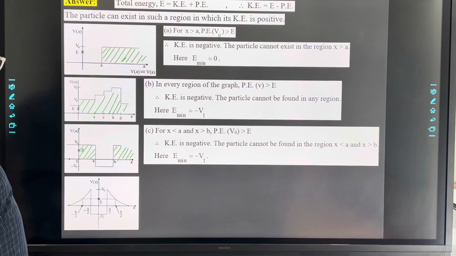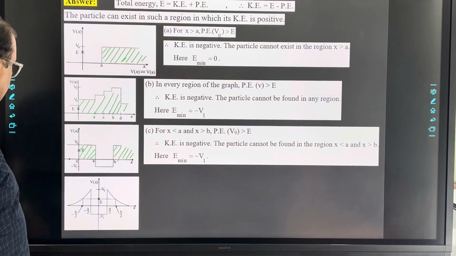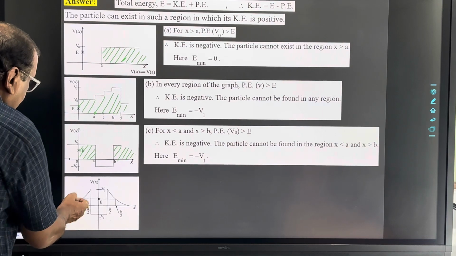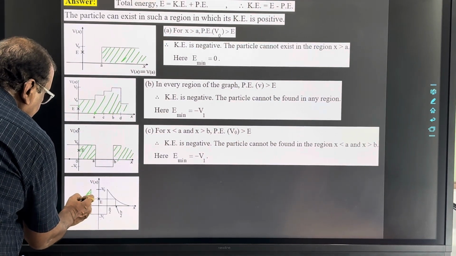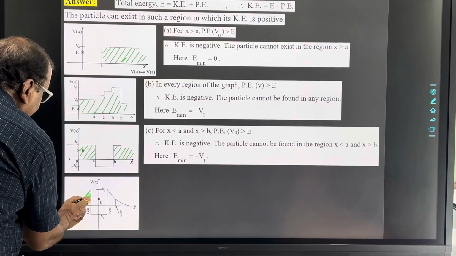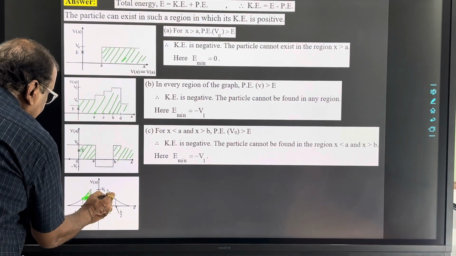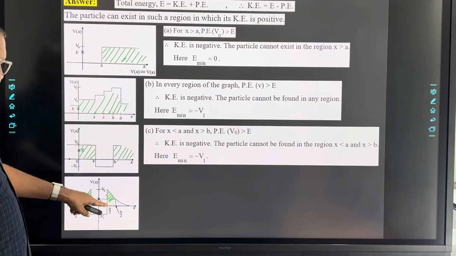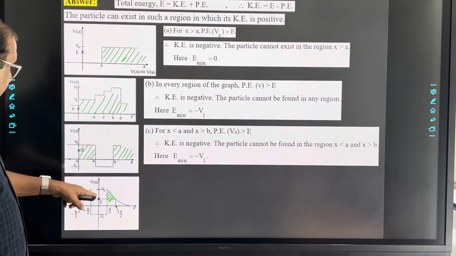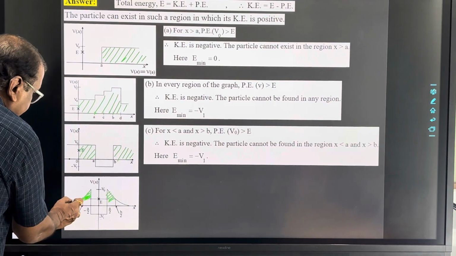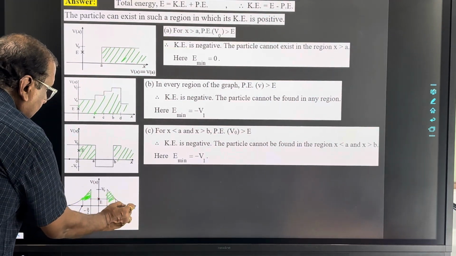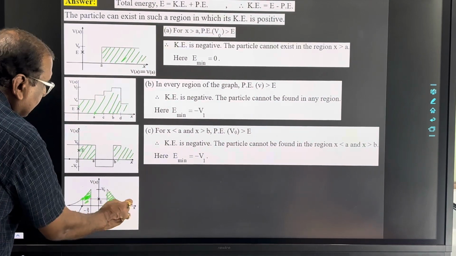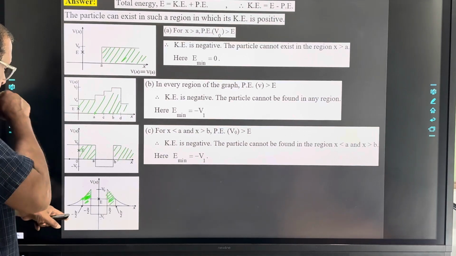Okay. Then the fourth one. Now see here. So in this one also, you can see in this region, and here in this particular region, the potential energy is greater than the total energy, and after this one the potential energy decreases below the total energy.